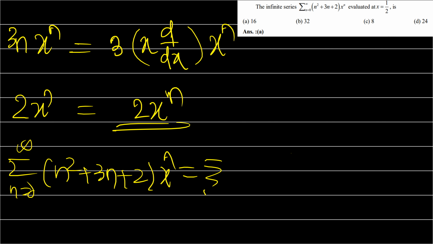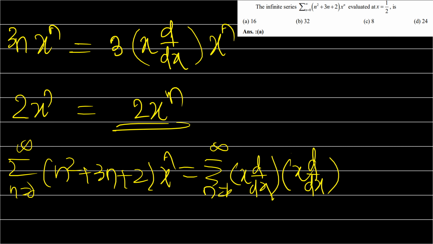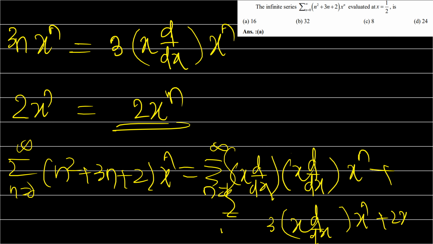How much? Sum over n equal to 0 to infinity of x d/dx of x to the power n, plus 3x d/dx of x to the power n, plus 2x to the power n.